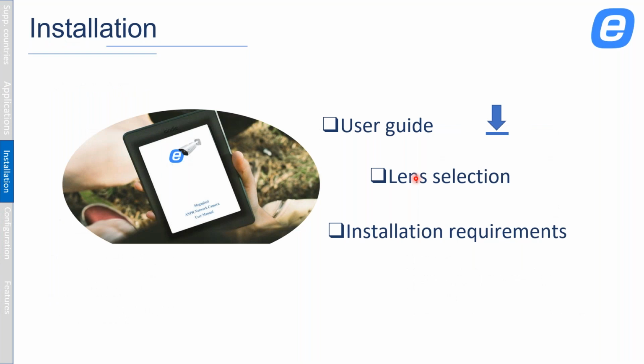Now we're going to go on installation. The first one will be user guide. So once I show you guys the model of the camera, you can go onto our page, and once you're on our page, you can look up the model. And once you're at the model and the page for the description of the camera, you can go to downloads, and on downloads, it'll give you a user guide for how to install the camera.